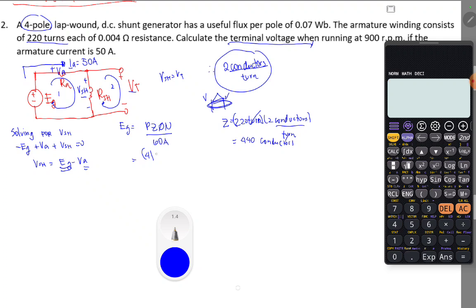So from here, there are 440 conductors multiplied by 0.07 Weber, and the speed is 900 rpm, divided by 60A, which is equal to our mP. So we have 4 multiplied by m, and there is no plex, so 1.